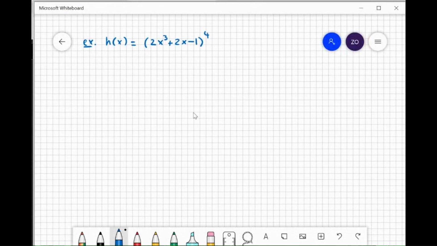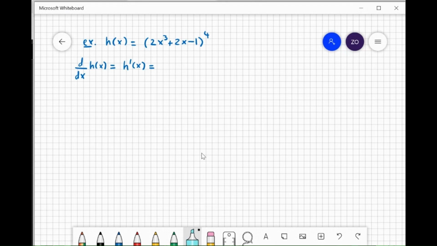Okay, and we want to find the derivative of the h function. Remember, this notation tells us to differentiate h, or find the derivative of the h function.